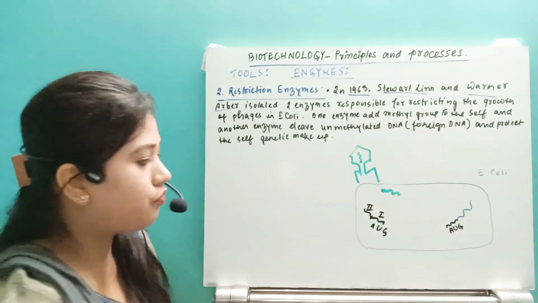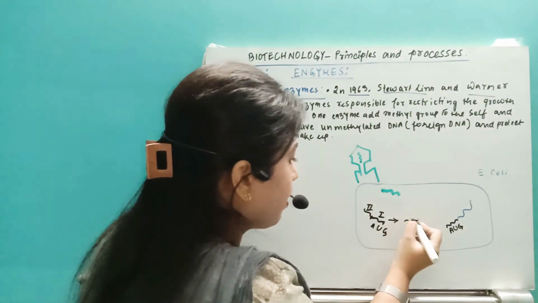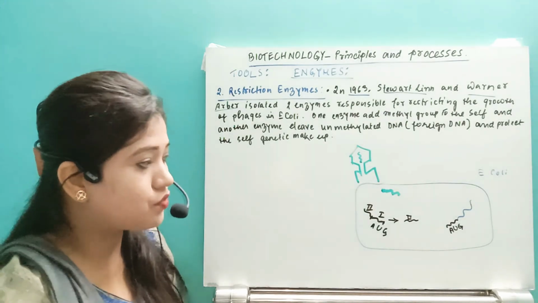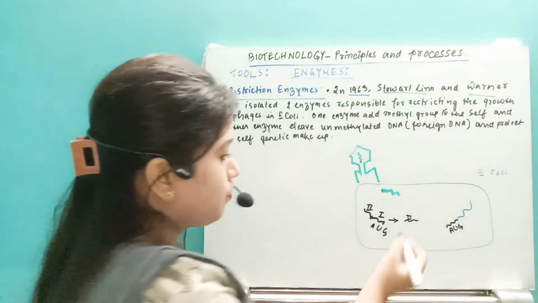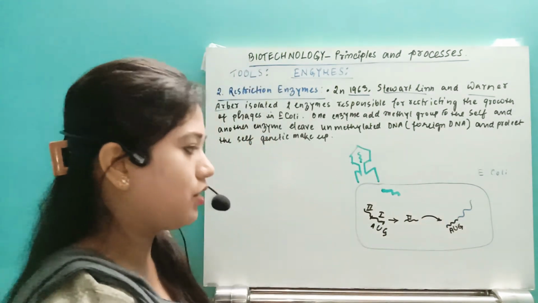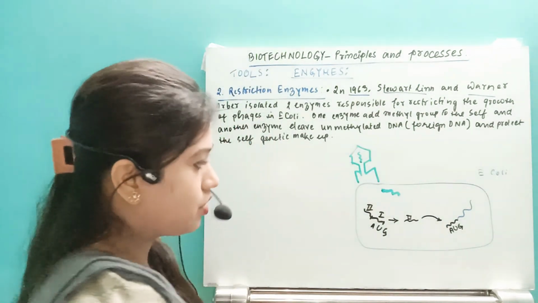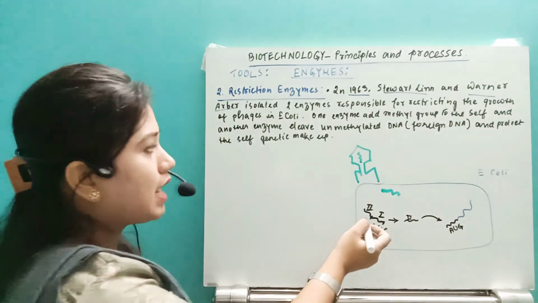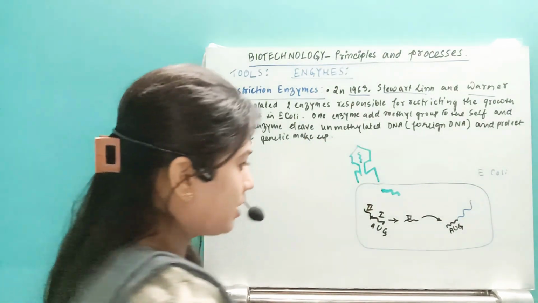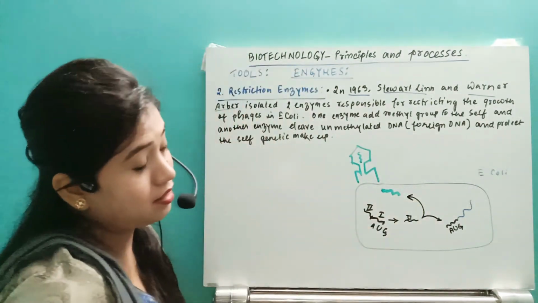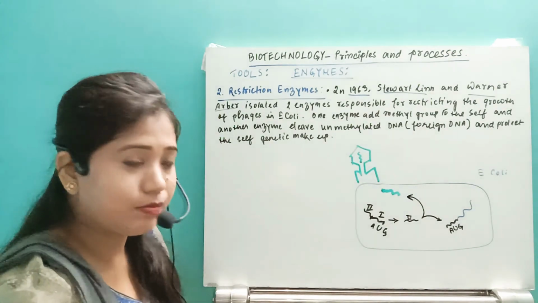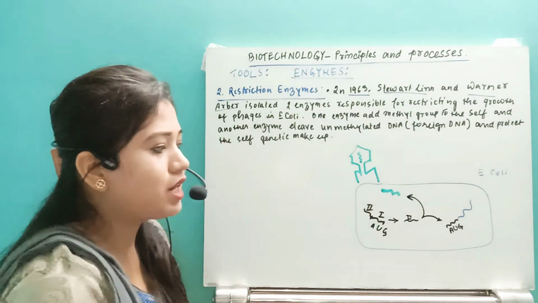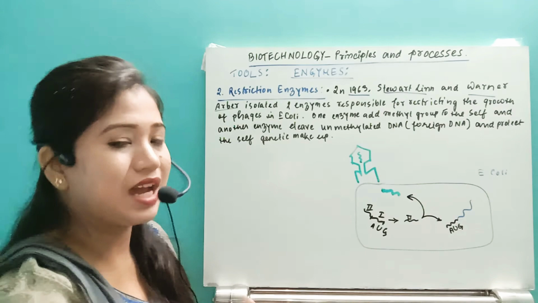Then the second part will check which one is methylated and which one is not methylated. First of all, it will check this one and find the methylated part, right? So this methylated genetic makeup will not get hampered by the second part of the restriction enzyme. Next, the viral or phage genetic makeup is also checked by the second part of the restriction enzyme, and it will not find any methylated part.